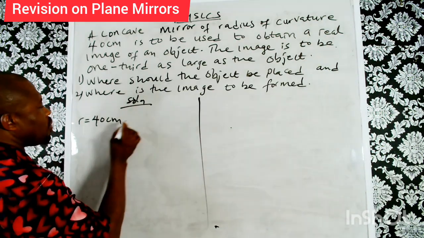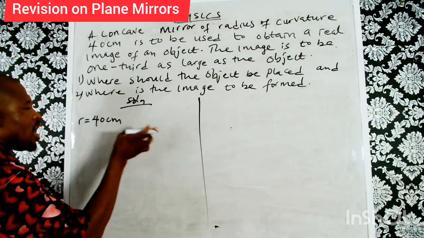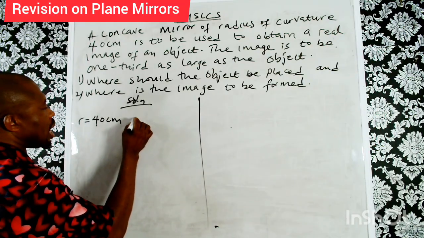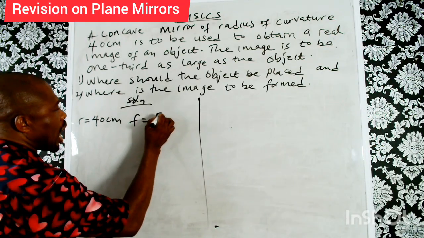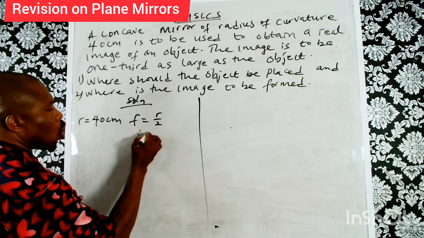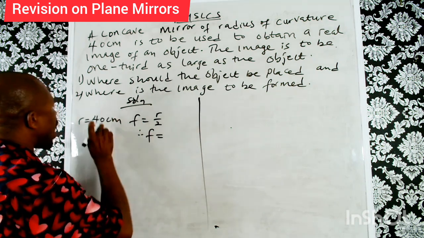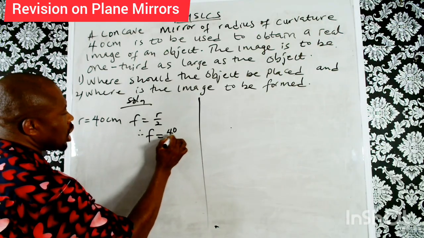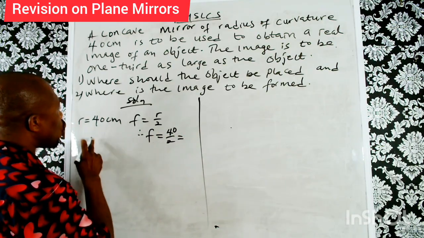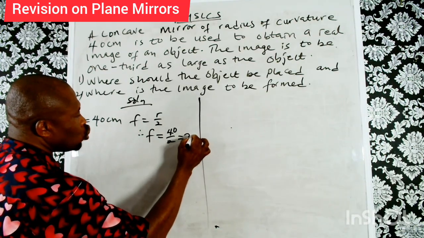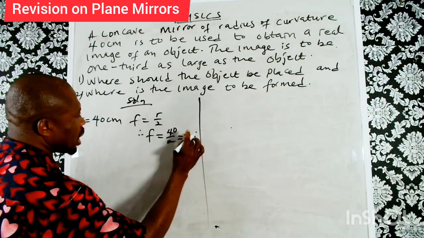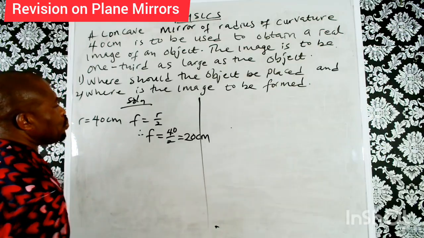Therefore, the relationship between F and R is that F is R over 2. Therefore, the focal length is 40 over 2. Therefore, the focal length is 20 cm.